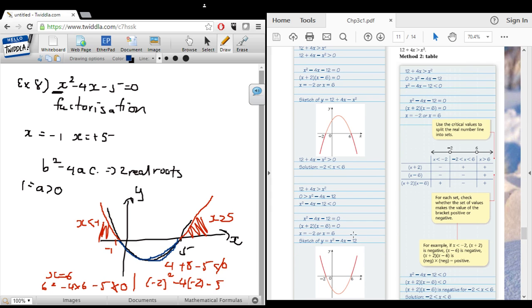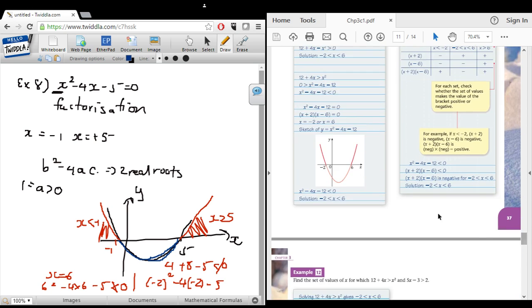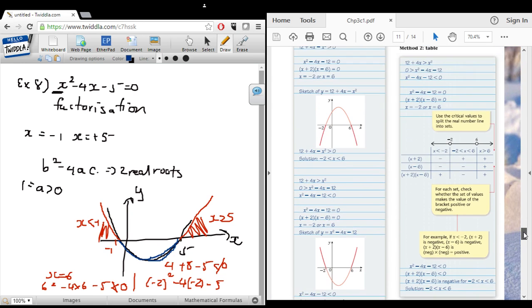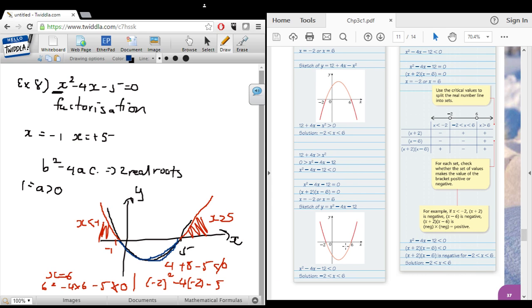And if you were to take all the other terms to the other side, the x squared would be positive, so you'd end up with this, the U shape. But obviously the roots are the same, minus 2 and 6.